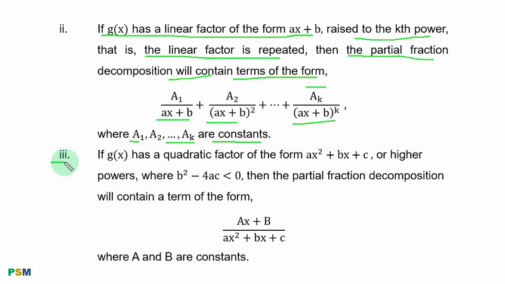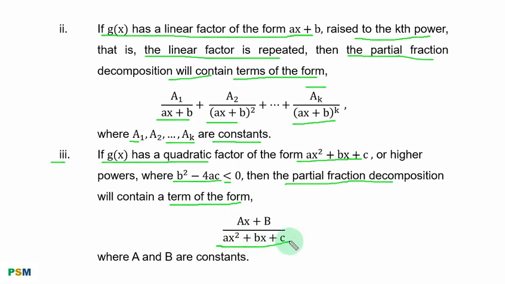constants. The third category, if g of s has a quadratic factor of the form as squared plus bs plus c or higher powers, where b squared minus 4ac is less than 0, then the partial fraction decomposition will contain a term of the form as plus b over as squared plus bs plus c.